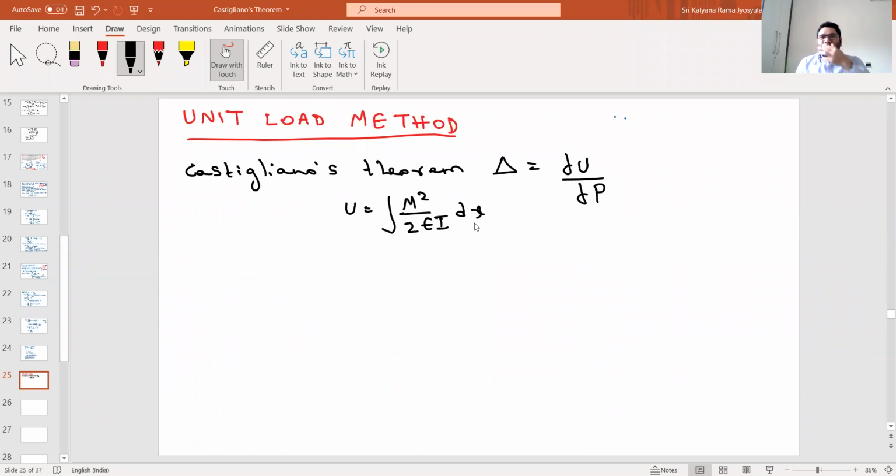Now this unit load method concept also uses the methodology associated with the strain energy concept, but in a quite different way.